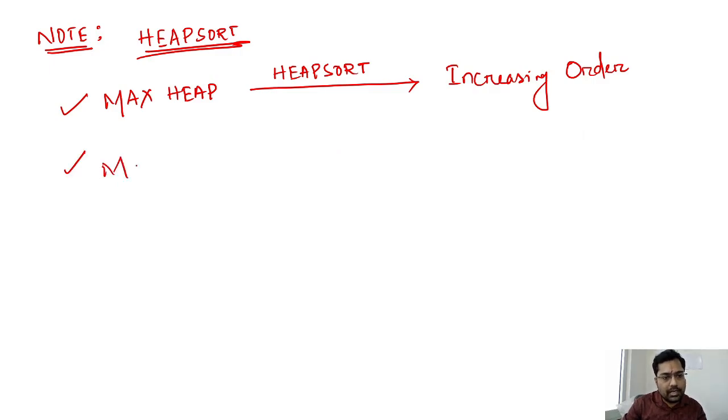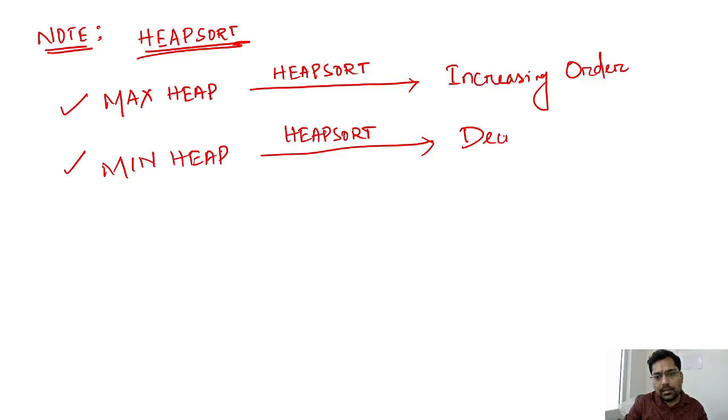Next, if min heap, if you run heap sort, you will get decreasing or descending order. Always remember these things as per the note on max heap and min heap. Why are we using max heap?